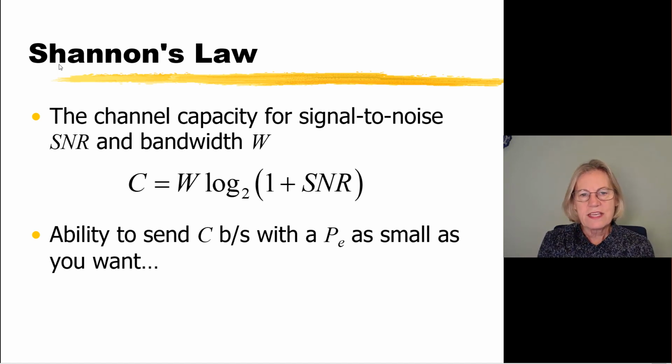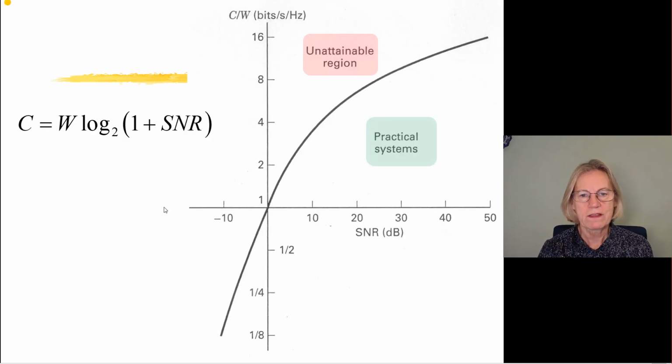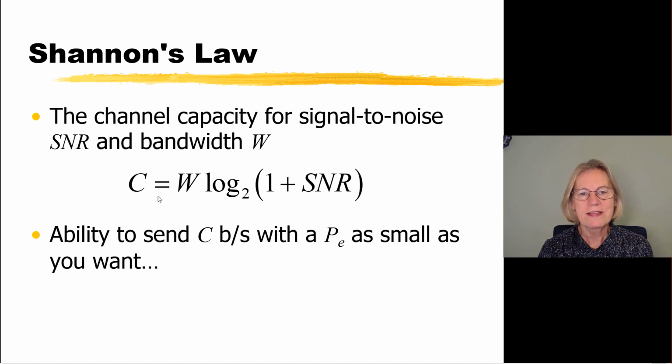And it says that the channel capacity for a given signal to noise ratio, which we'll call SNR, and the bandwidth, which we call W, we define by this equation: C = W times log base 2 of the sum of 1 plus the signal to noise ratio.